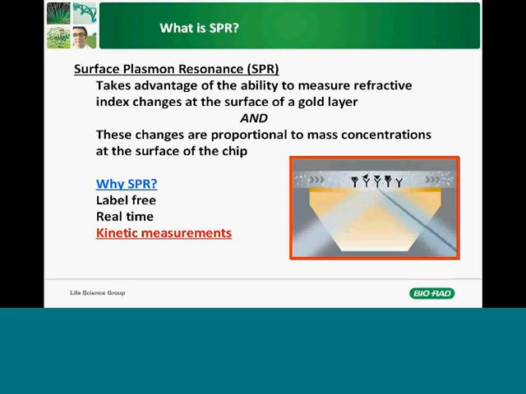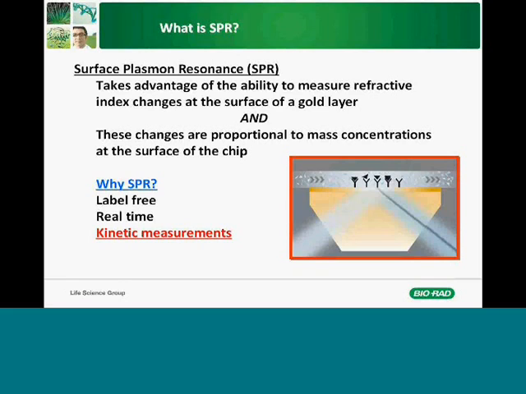These changes in refractive index are directly proportional to mass concentration changes over the chip. So if you have partner 1 and you want to measure the binding of partner 2 to it, the binding event will generate a change in the refractive index, which will be proportional to mass concentration changes over the surface.